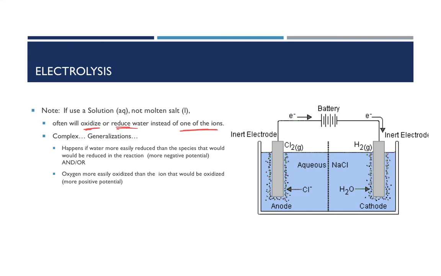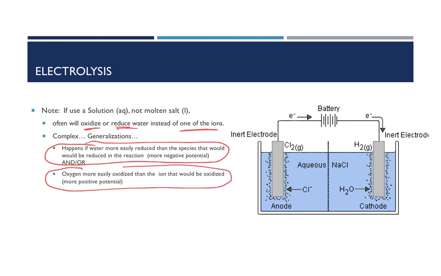So the water will have a lower reduction potential, and it will get reduced first before you get to the ion that you actually want to reduce. This happens if water is more easily reduced than the species that would be reduced, in other words, if it has a more positive potential, and or if the water is more easily oxidized than the ion that would be oxidized.